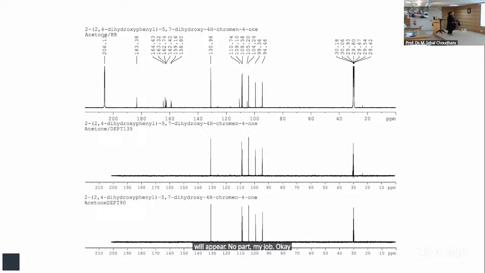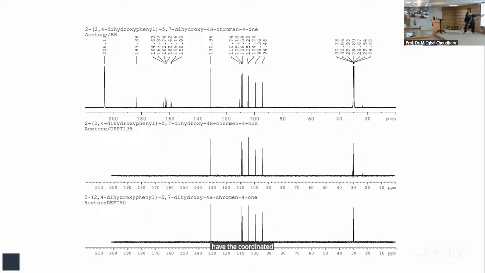So those carbons which do not appear here and here, in DEPT 135 and DEPT 90, are quaternary carbons, right? Because only the broadband has the quaternary carbons.